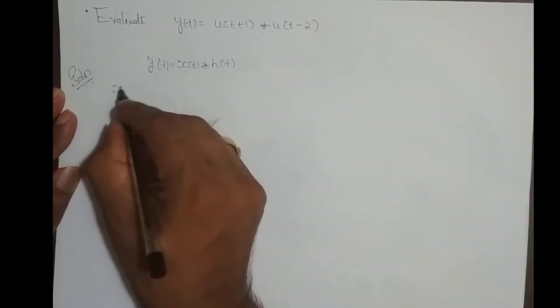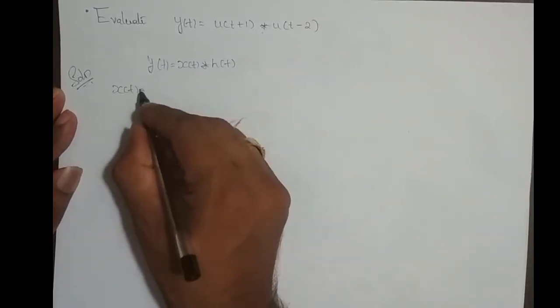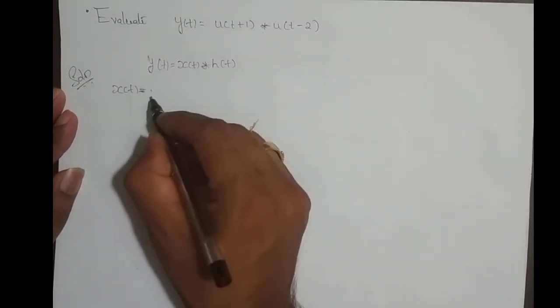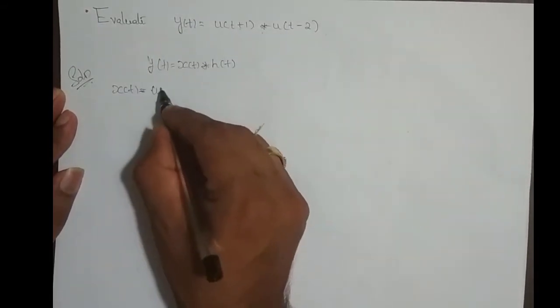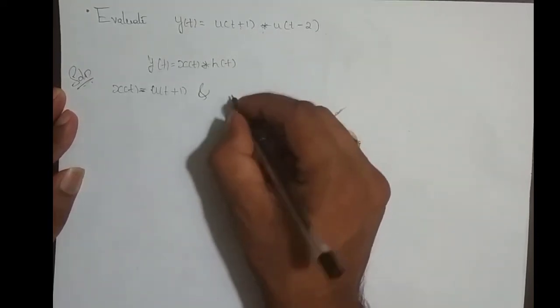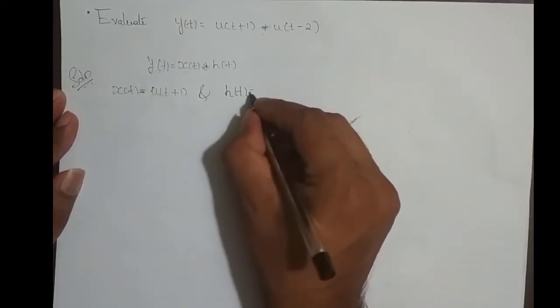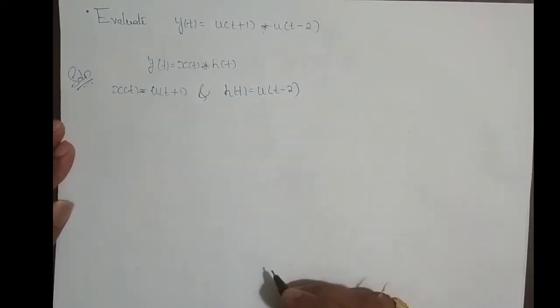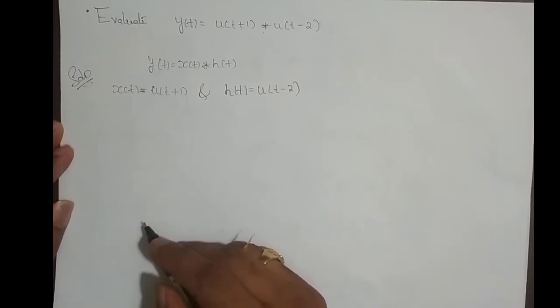So we'll assign x of t is equal to u of t plus 1, and we assign h of t is equal to u of t minus 2. So we got our x of t and h of t.